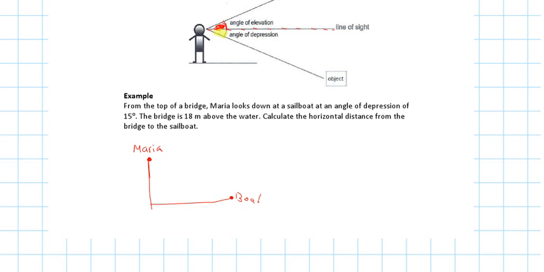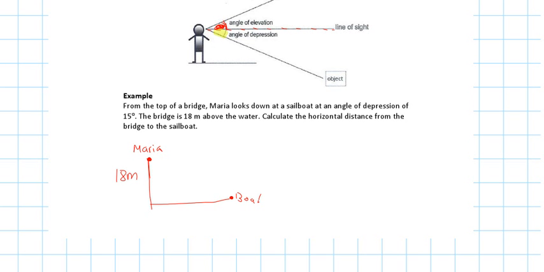Does that make sense so far? She's standing on the bridge and the bridge is 18 meters above the water. So where does this 18 meters go? That one here, the vertical line, because Maria is standing right here on the bridge.